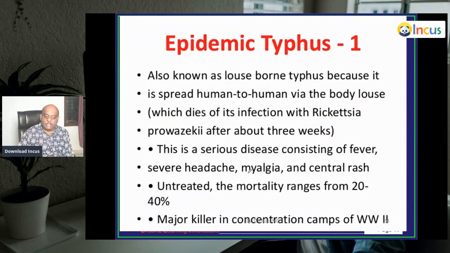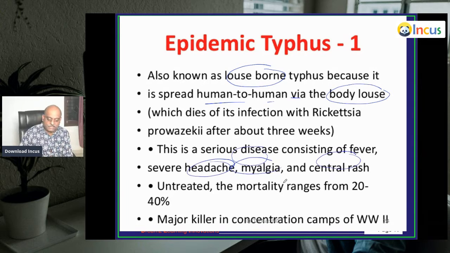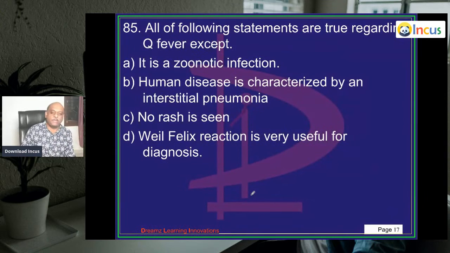Epidemic typhus is called louse-borne typhus because it spreads to humans via the body louse. There's a lot of myalgia, fever, headache, central rash, etc. And a lot of people died in World War II because of epidemic typhus. It's a lousy war.